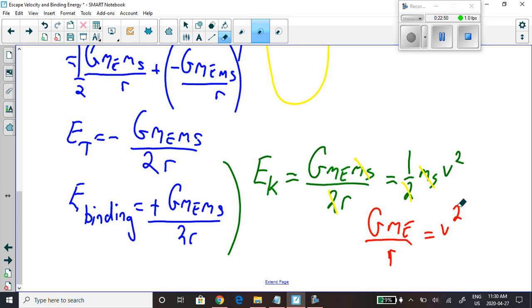So this is how much speed we would have to add to the satellite that's in orbit right now in order for it to escape. We would have to add this speed to the present speed it has for it to escape. This is the whole idea of binding energy.